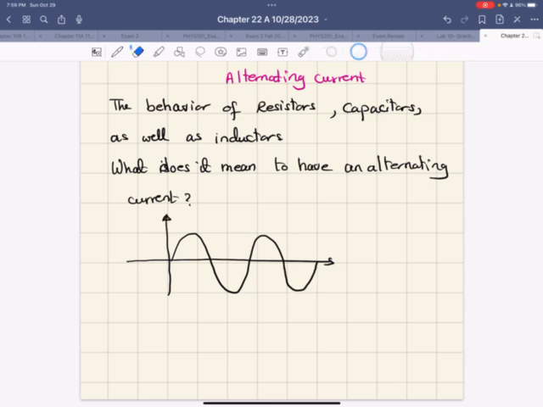It doesn't matter. This is the current I, in amperes, versus time. It keeps on changing its magnitude: it reaches I0, which is the maximum value, then decreases till it reaches 0 here, and then it goes to negative I0 and goes on.